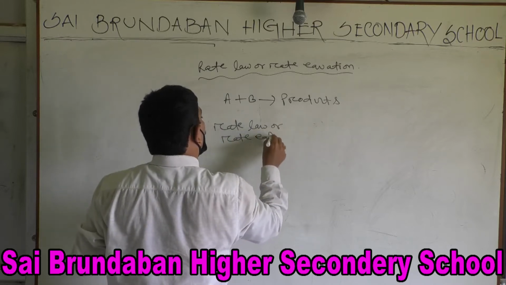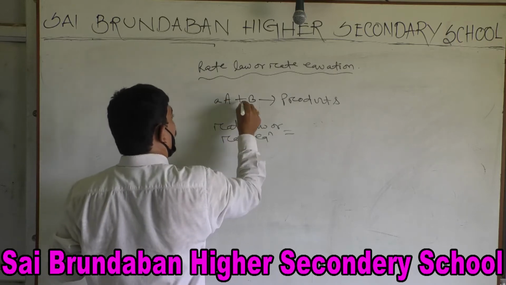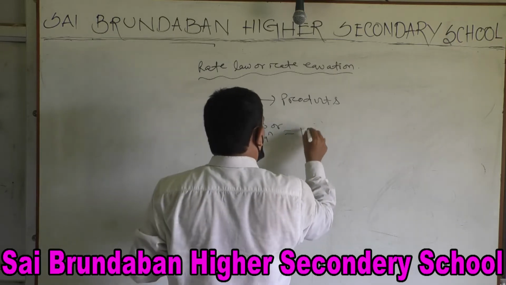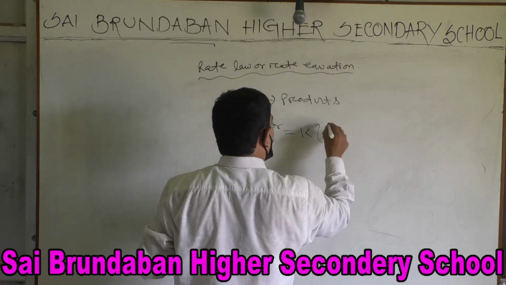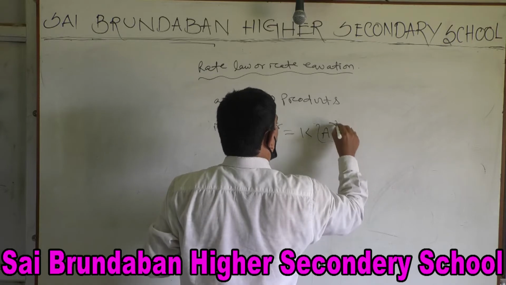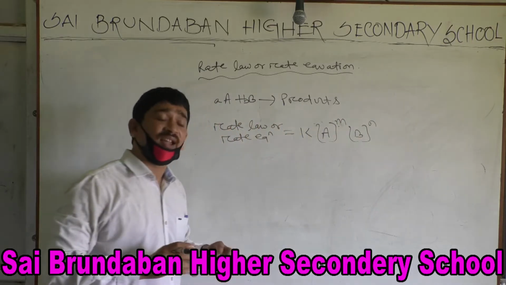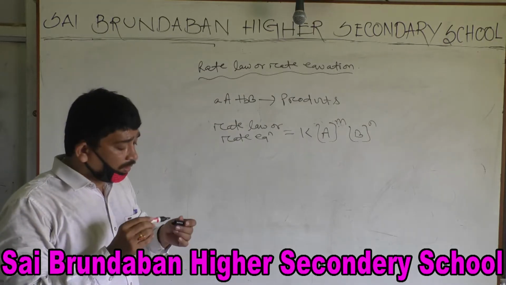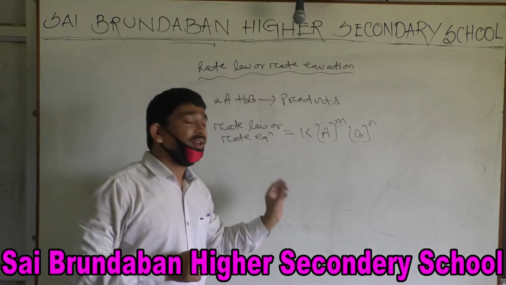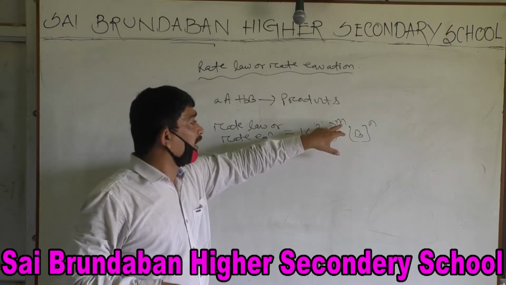The rate law or rate equation is: rate equals K A to the power m, B to the power n. In the previous class we also discussed m and n.